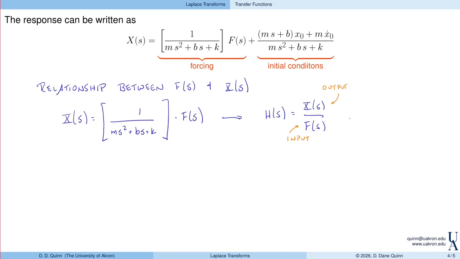Again, in this system, it ends up being 1 divided by m s squared plus b s plus k. So this is known as the transfer function. It relates the input and the output of the response.